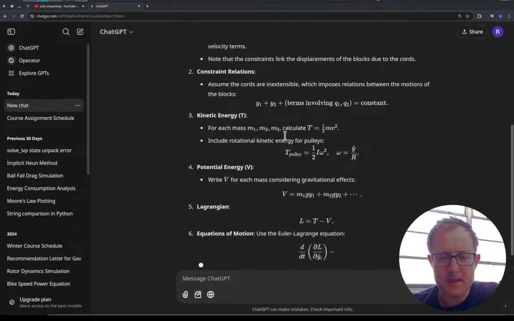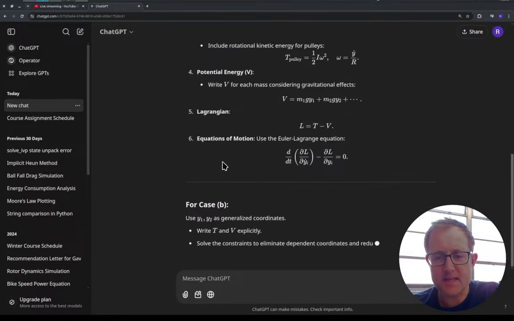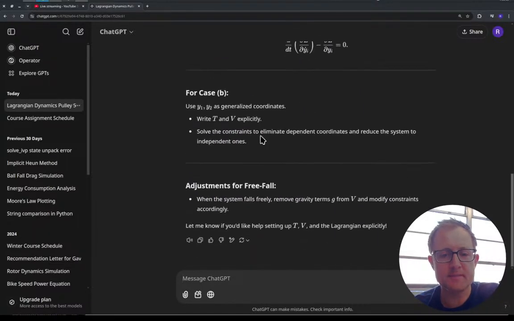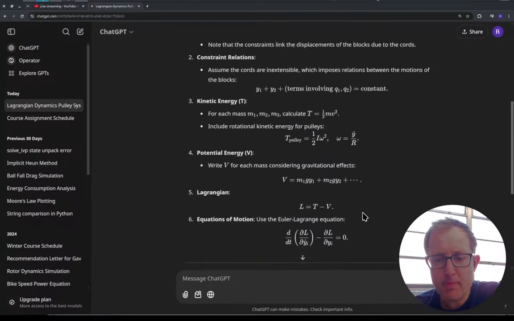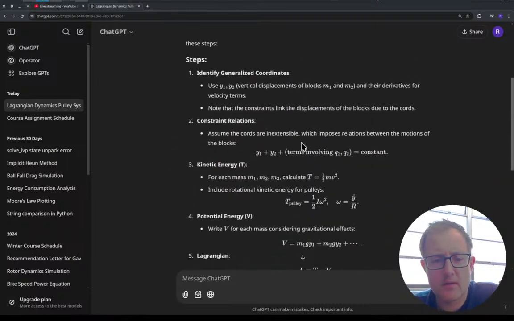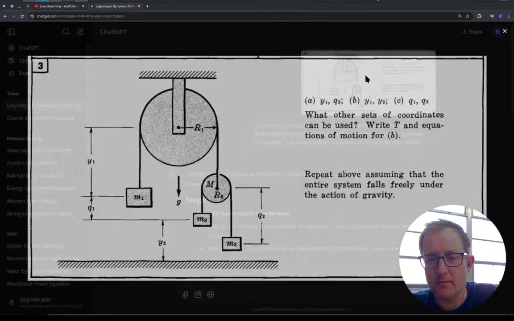So it's giving me some kinetic and potential energy, the Euler-Lagrange equation. Oh, so it read the problem pretty well.